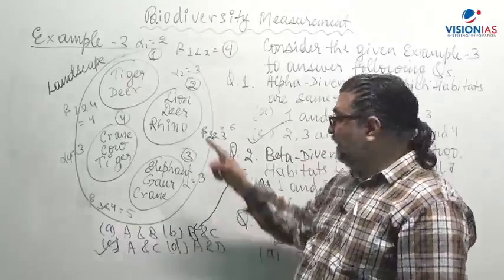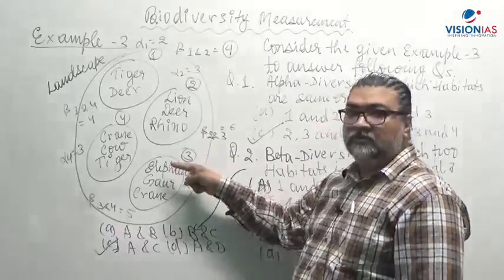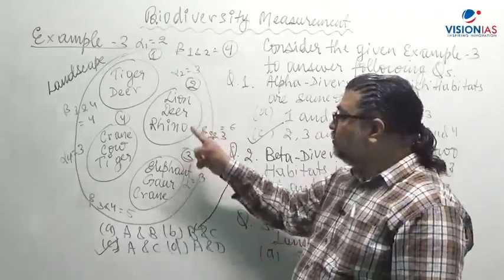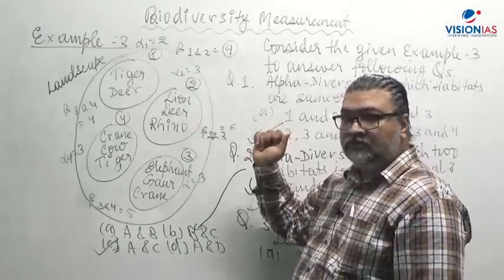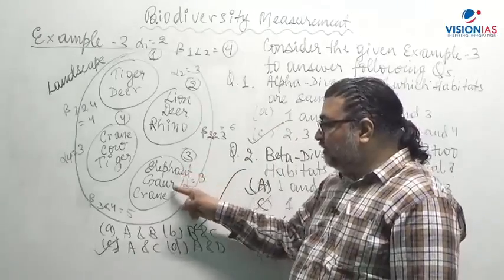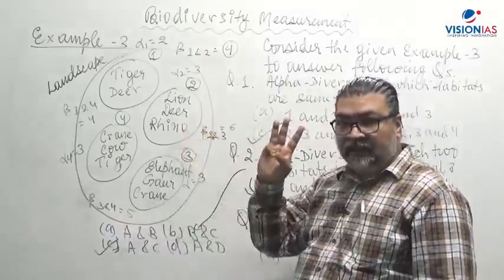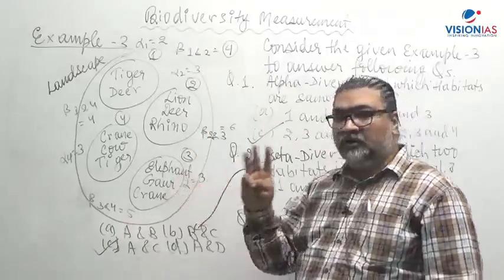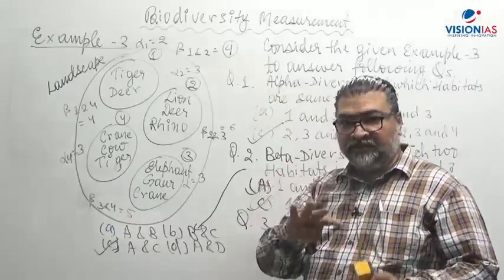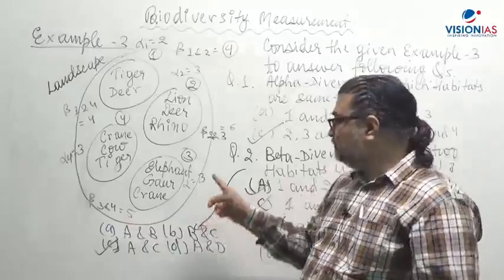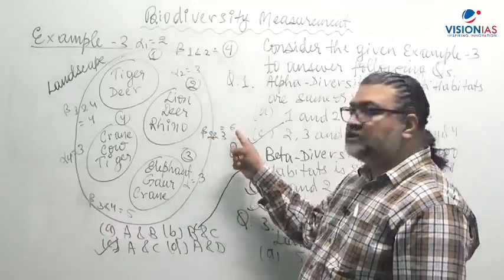If I take beta of 2 and 3, 2 has got lion, deer, rhino. Third has got elephant, gaur and crane. All are different. Lion, deer, rhino 3, elephant, gaur, crane 6. 3 plus 3, 6. So beta of 2 and 3 is 6.